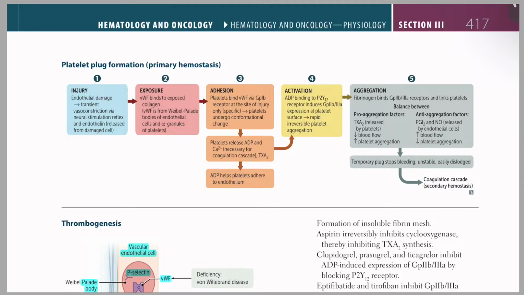Fifth, aggregation. Fibrinogen binds GP2B3A receptor and links platelets.